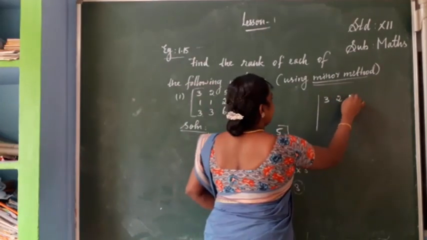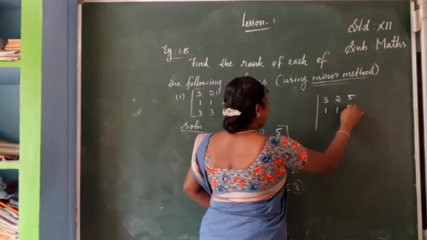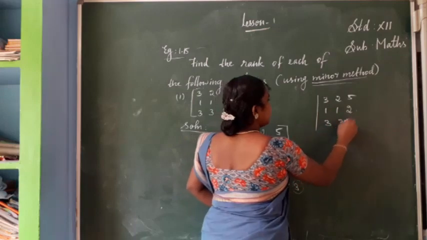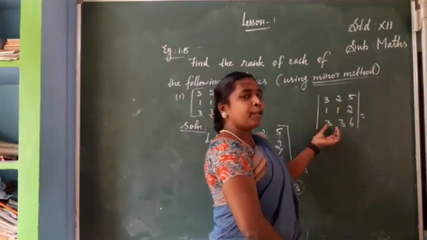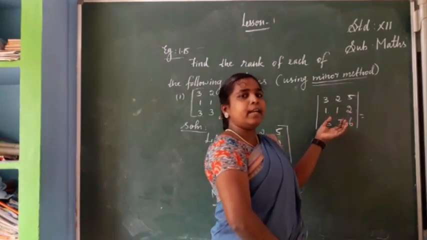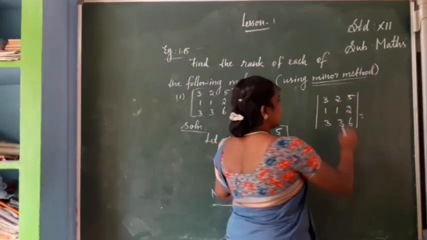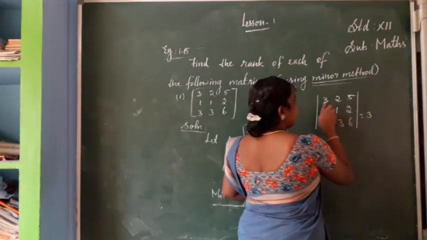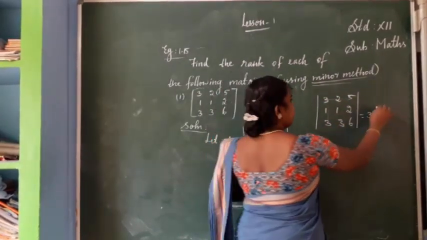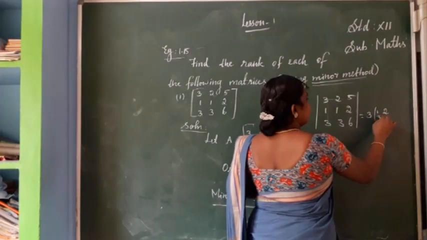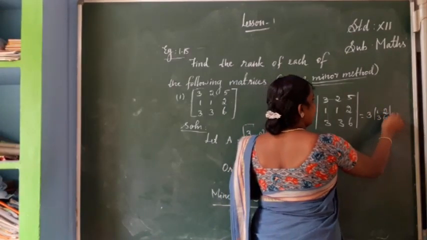So, determinant of 3, 2, 5, 1, 1, 2, 3, 3, 6 equals. To find the determinant of a 3 by 3 matrix, the same method we are going to use. First element is 3. First view the first row, first column; what are the elements remaining? 1, 2, 3, 6.